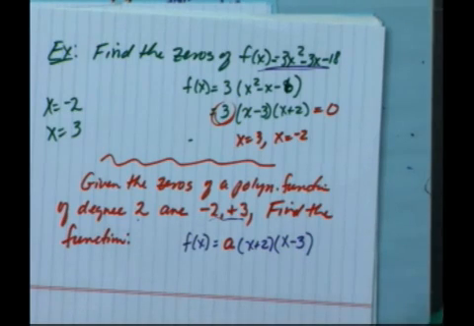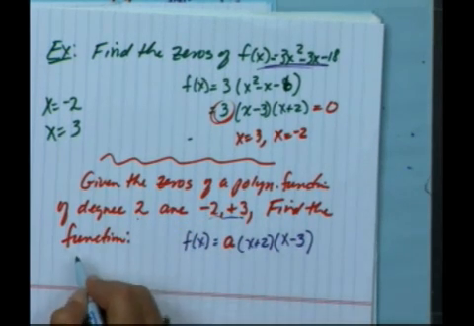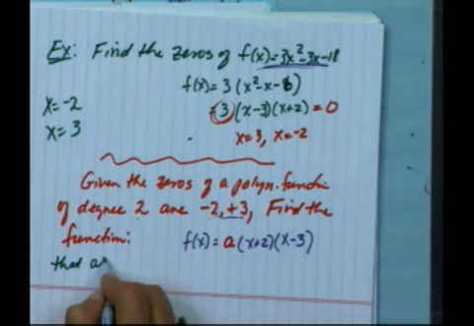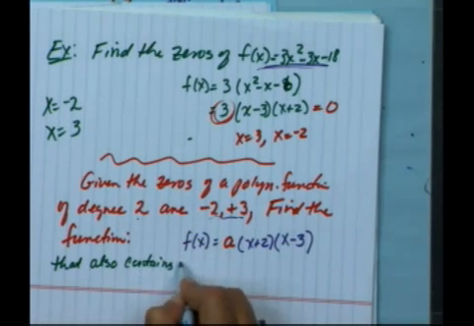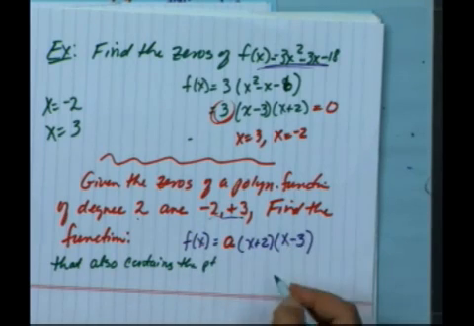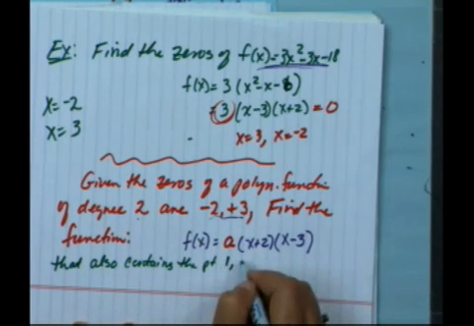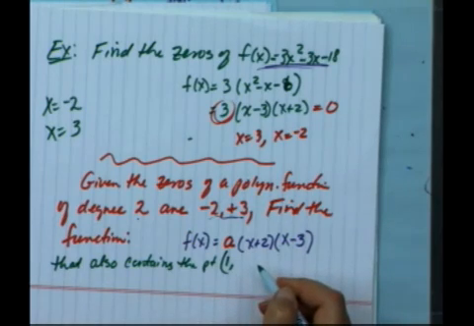I'm going to go a step further on this problem. Everybody with me? Find the function that also contains the point (1, 8). I bet I'll make up something too weird here.